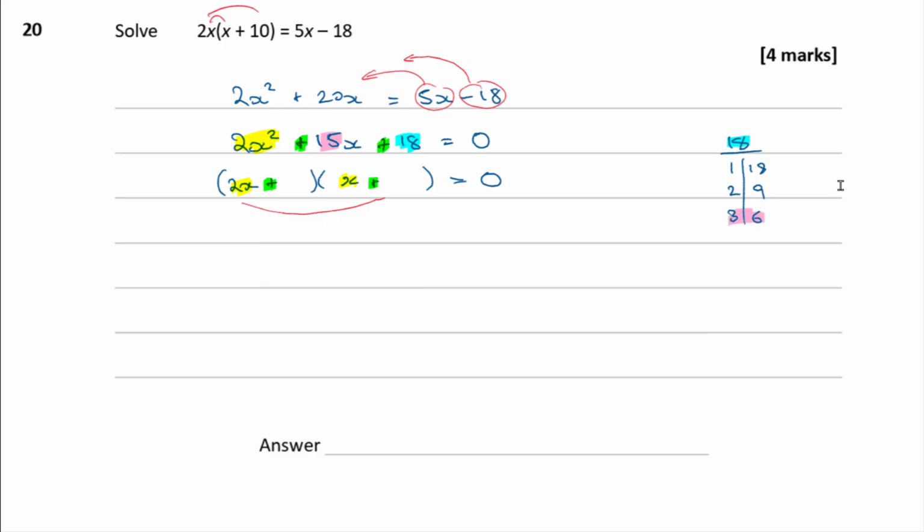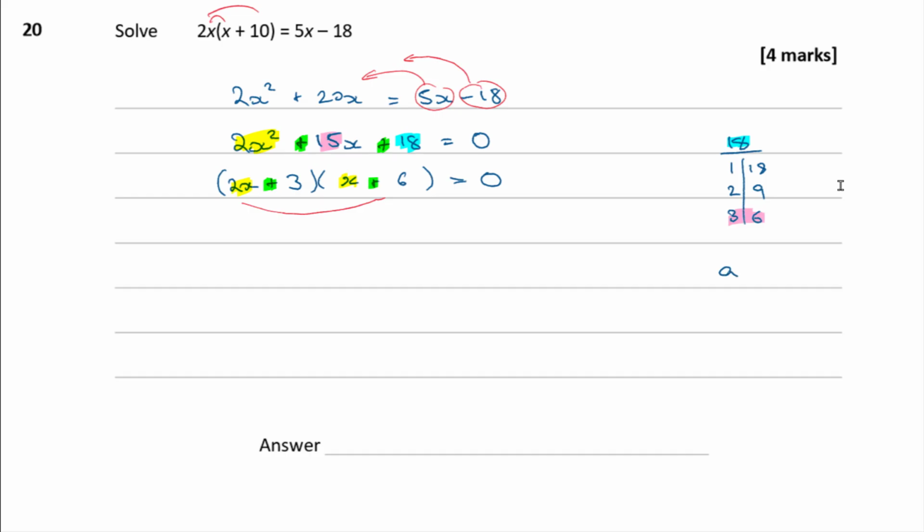Because if I put the 6 on the right hand side here, when it gets multiplied by that 2x, it's going to contribute 12x to the middle term, and the 3 here is going to give me the other 3x, that's going to make 15x altogether in the middle. So it's going to be 2x plus 3, x plus 6 is equal to 0.